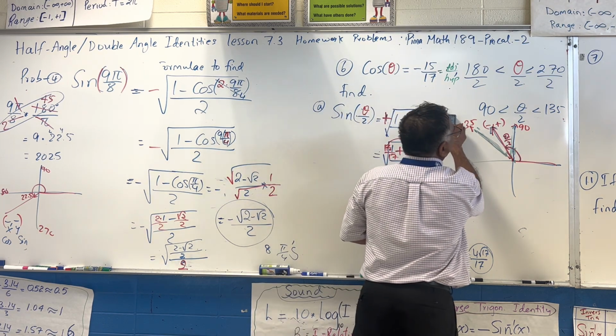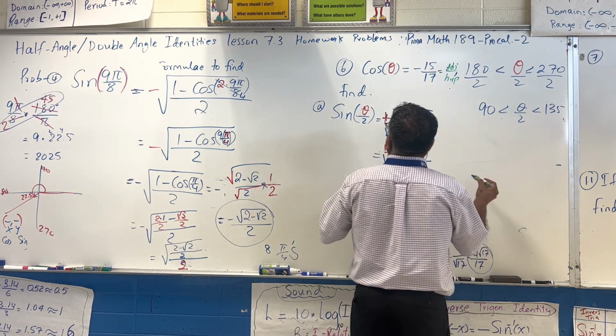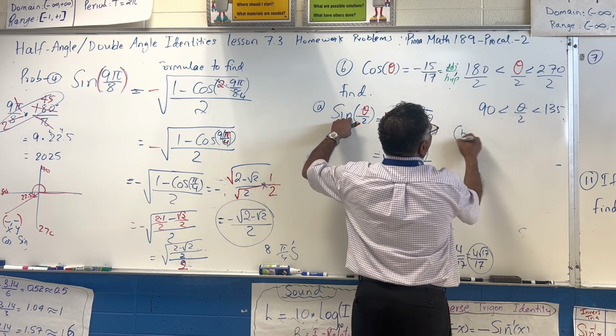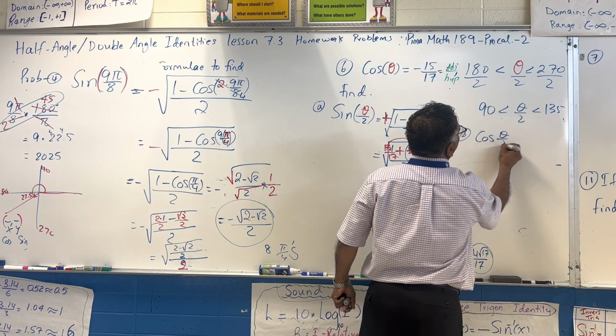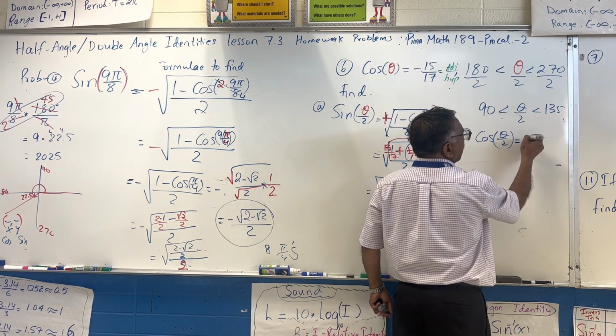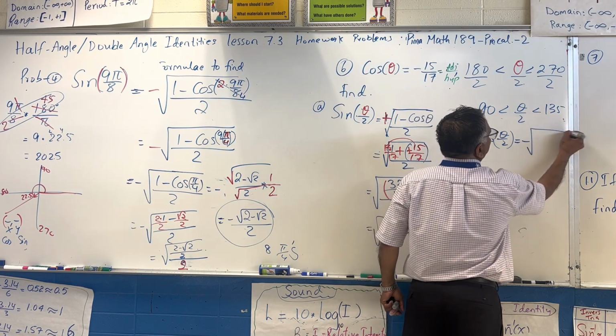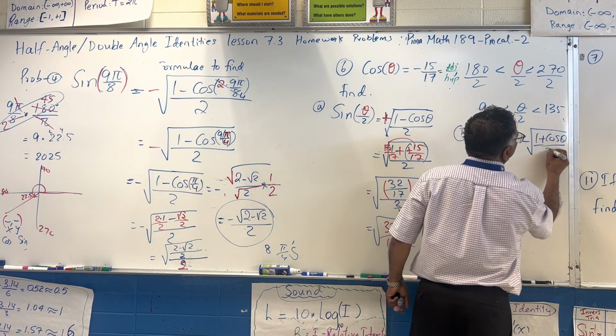Let's do the cosine. So the B part was cosine theta over 2. Because it was in the second quadrant, remember it was minus, the square root of (1 plus cosine theta) divided by 2.